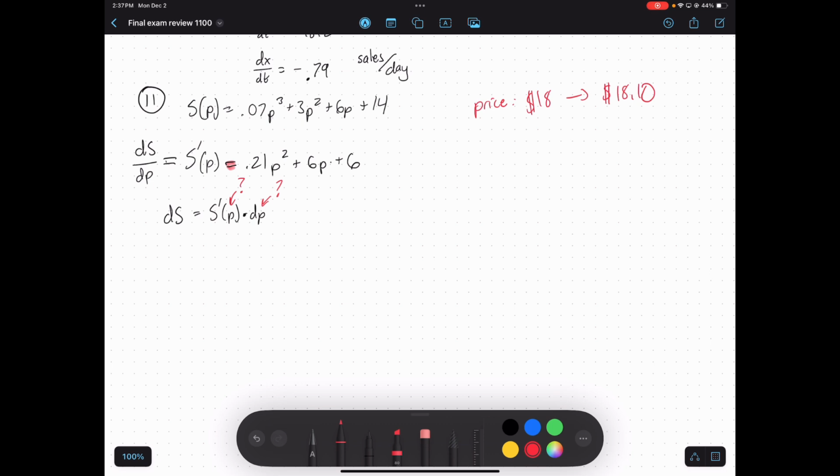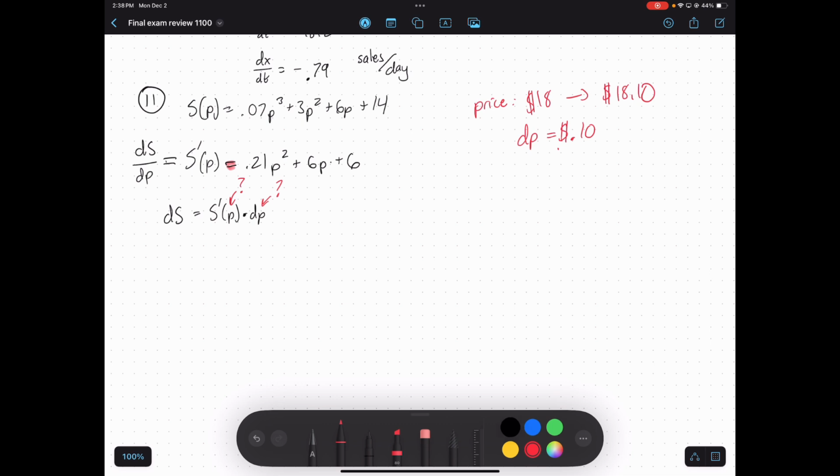Let's start with dP. What is dP equal to? What's my change in price? dP I just get from up here. dP is your change in price, which is 10 cents. Everybody okay with that? What do I plug in for P? 18, your starting amount. Very nice.